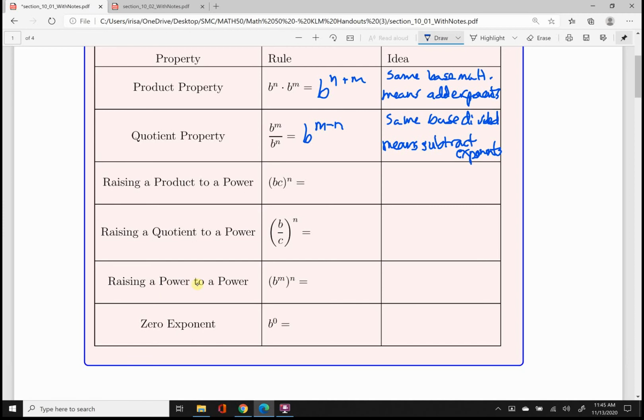But anyway, it's kind of like you get to distribute that exponent to each individual item inside of the parentheses here. So it is going to simplify to b to the n power c to the n power, okay? So the idea being that you distribute the exponent to all factors.